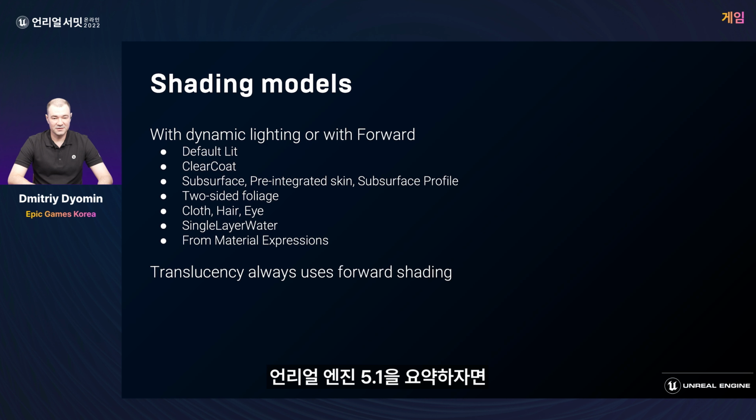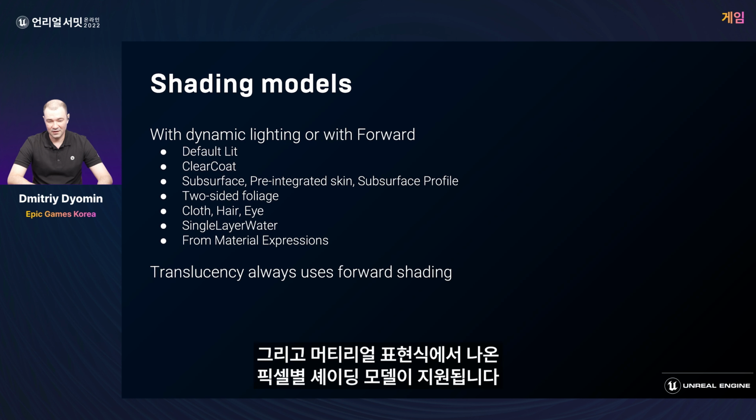So to summarize, in Unreal Engine 5.1, we will support default lit, clear coat, subsurface, pre-integrated skin, subsurface profile, two-sided foliage, cloth, hair and eye shading models, and also single layer water, which is translucent. And also a per pixel shading model that comes from material expressions.